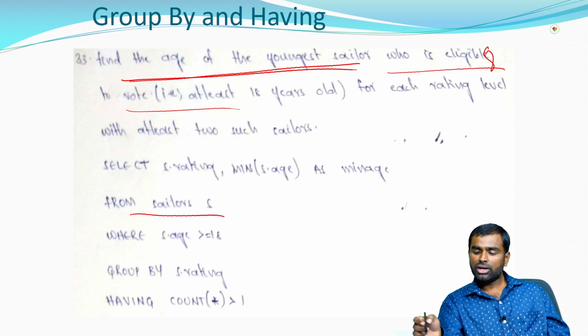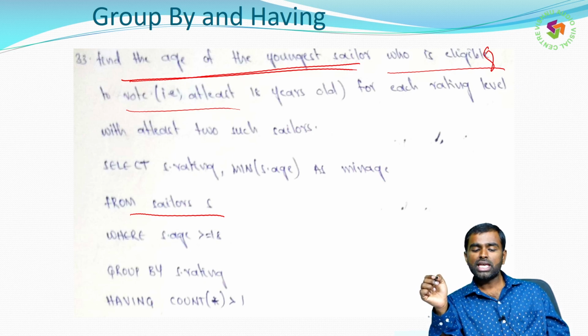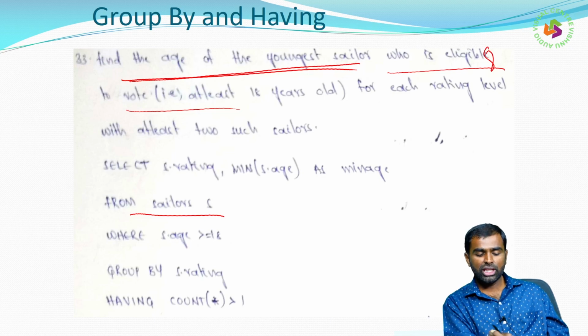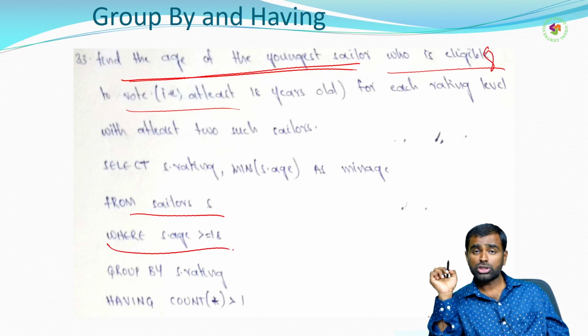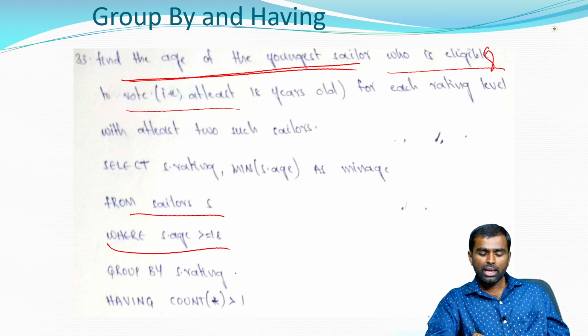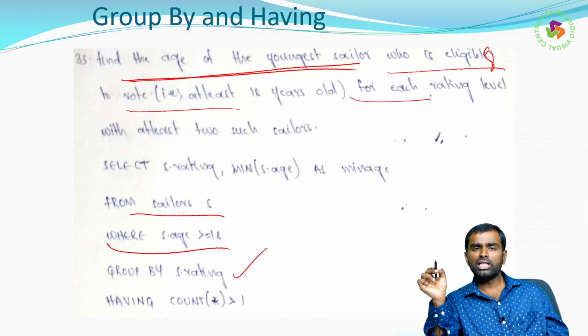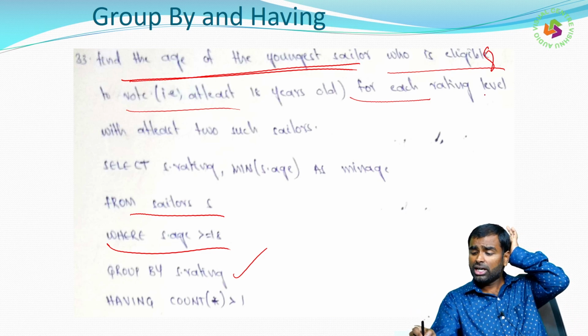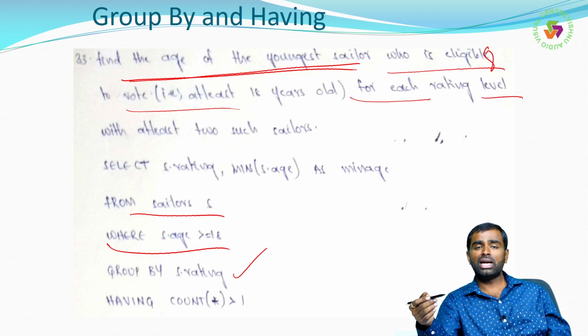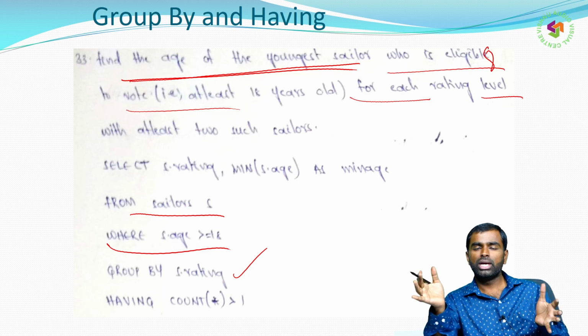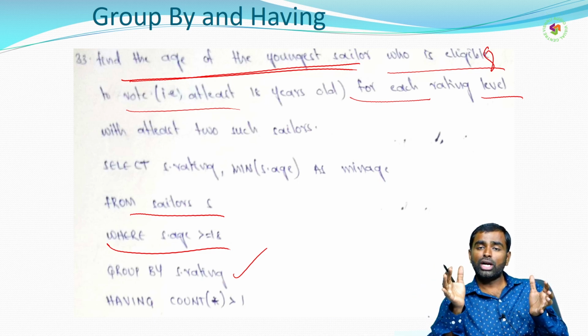For each and every record, what is the condition? For example, who is eligible to vote? That condition applies to every record, so you give it in the where portion. In group by, you create the number of groups: for each means different levels you are creating, and different levels mean different groups.